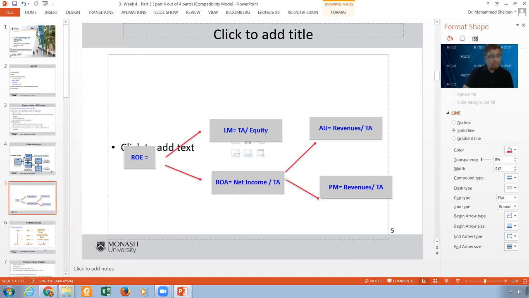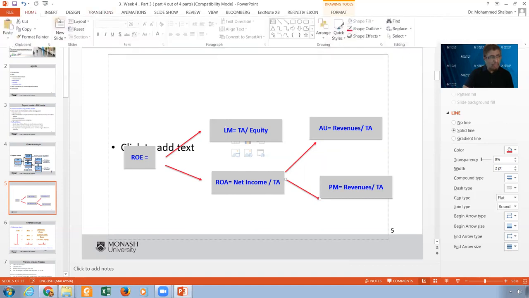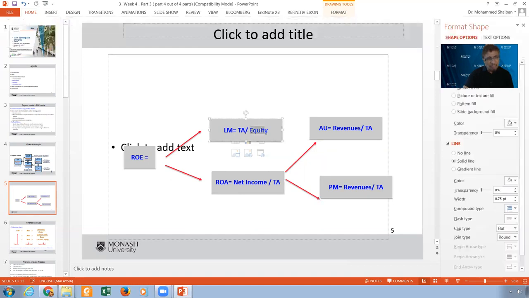To explain to you, if you look at here, actually it's a capital risk because we are talking about equity. I can decrease the equity here and have less capital and increase this part. And here, I can actually increase the revenues because this is the asset utilization, increase the revenues by giving more risky loans, and then increase it to the total asset and increase this ratio.